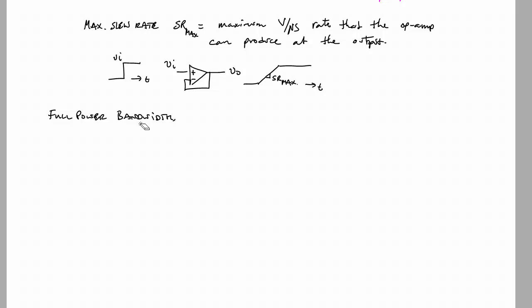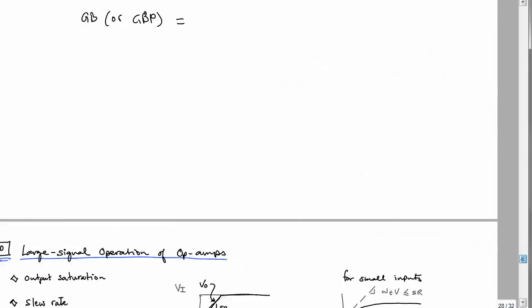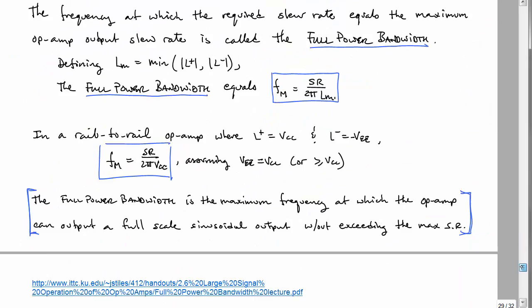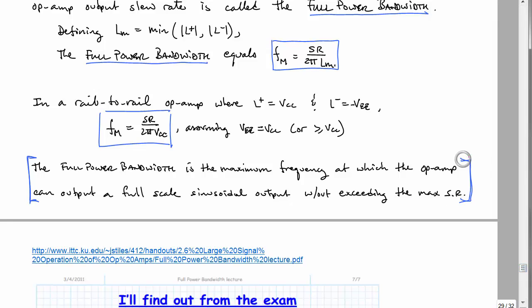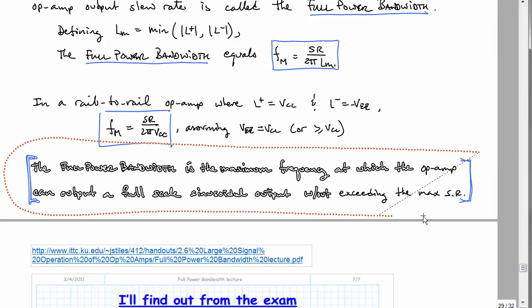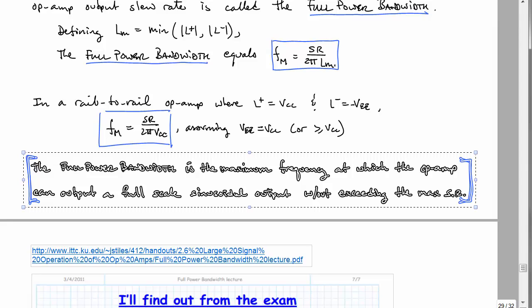So you can derive a full power bandwidth from the slew rate, and we'll show that now. So full power bandwidth is essentially, in words, I've got it over here. I'm just going to copy it. And then we'll derive it.